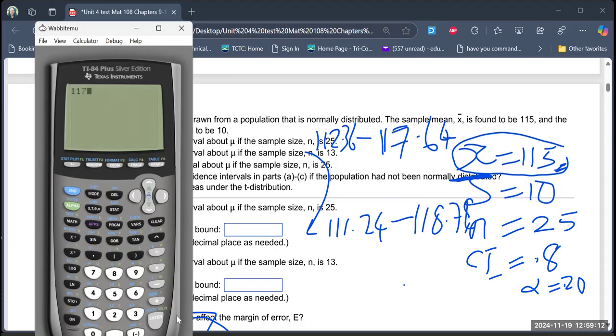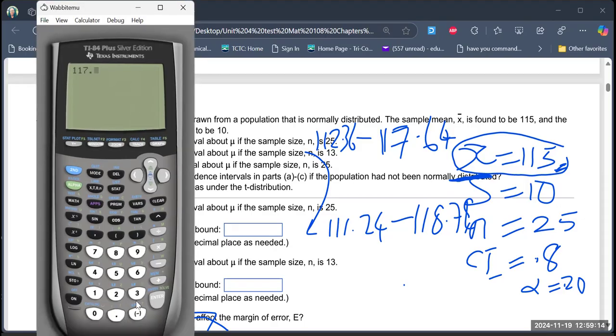The upper bound is 117.64, and I am subtracting the lower bound, 112.36, and I get an answer. Then I divide the answer by 2, and I get the margin of error.